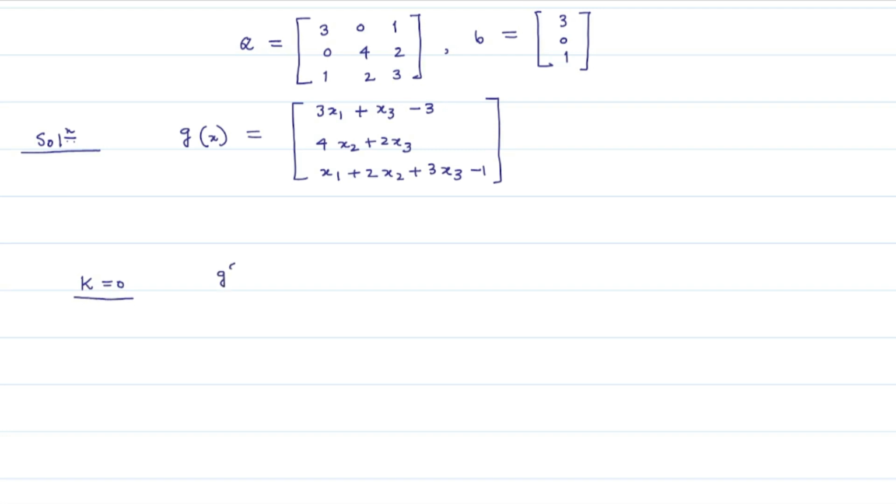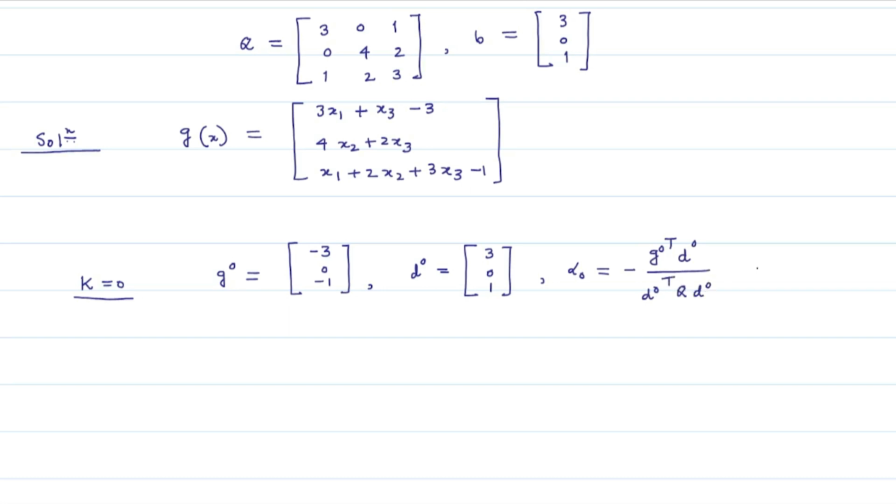For k equal to 0, the gradient at x0 is the vector -3, 0, -1, and hence the direction d naught in the conjugate gradient method is given by 3, 0, 1, because d naught is the negative of g naught. Then we need to compute alpha naught given by g naught transpose g naught divided by d naught transpose Q d naught.